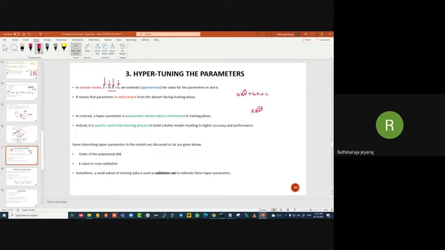So that's called a hyperparameter. In a one-line definition, a parameter or coefficient that is not approximated or estimated with the help of data points or the data set is called a hyperparameter. We need to tune that parameter such that it produces a low sum of squared error.